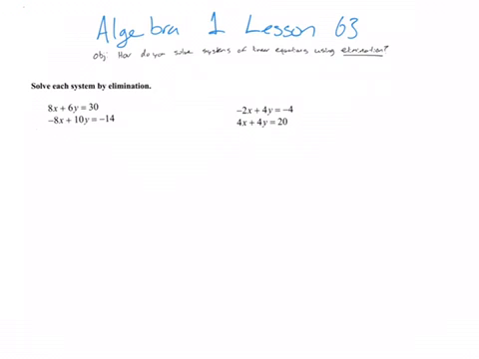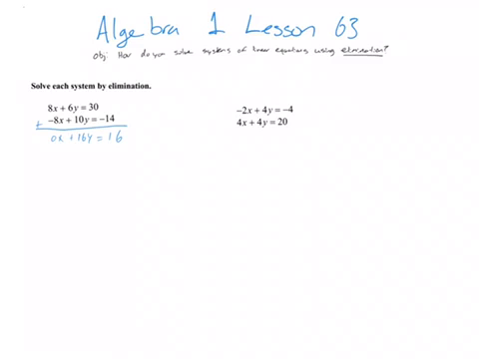What we're going to do is just add these two equations together. So I'm going to say 8x plus a -8x is going to give me 0x, plus 6y's plus 10y's is going to give me 16y's, and then 30 plus a -14 is going to give me 16.